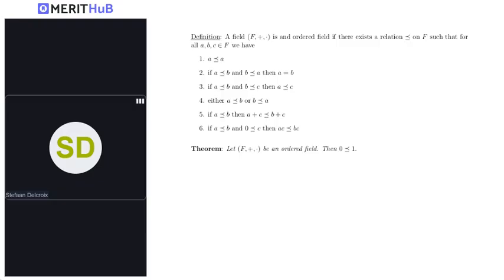Okay? So I mentioned here all the properties of an ordered field. And now let's prove that 0 is less than or equal to 1. Okay, so proof. Well, suppose this is not true.